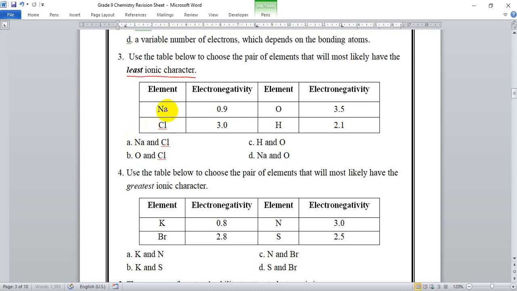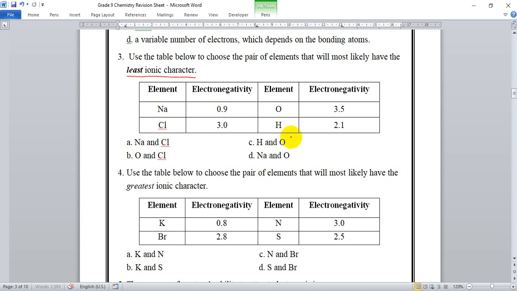So, if you find the difference between each element and another one, for example, between sodium and chlorine, 3 minus 0.9, it will be 2.1. Between sodium and oxygen, 3.5 minus 0.9, it will be 2.6.